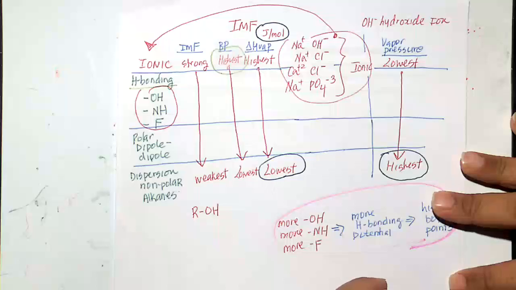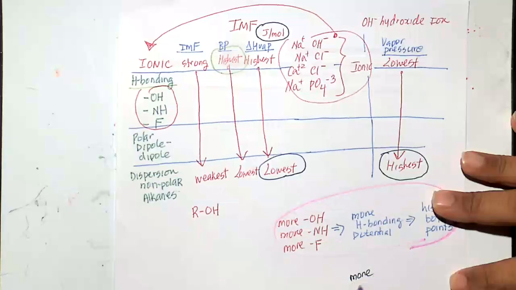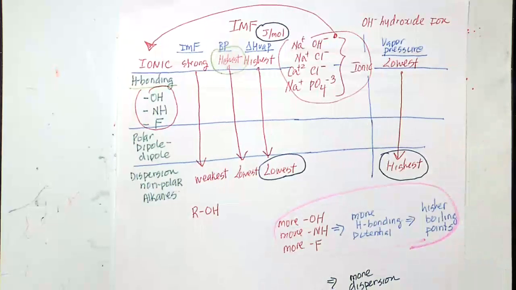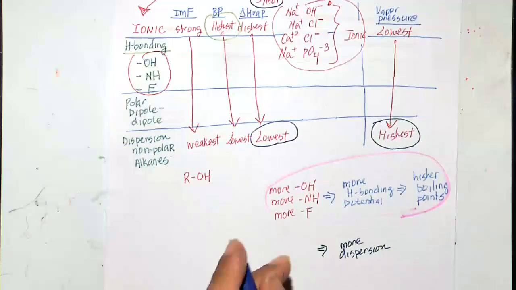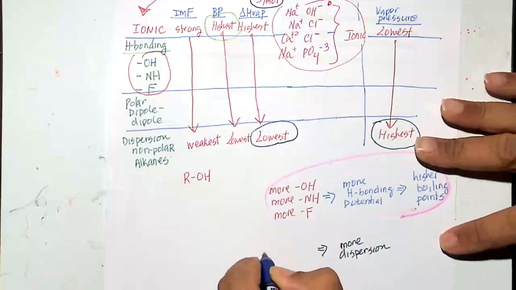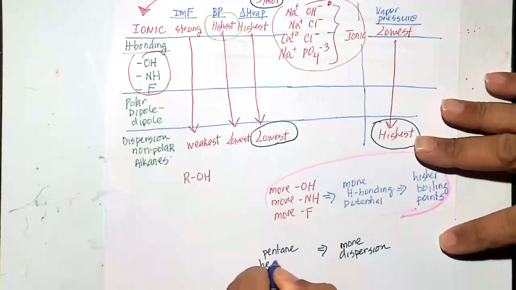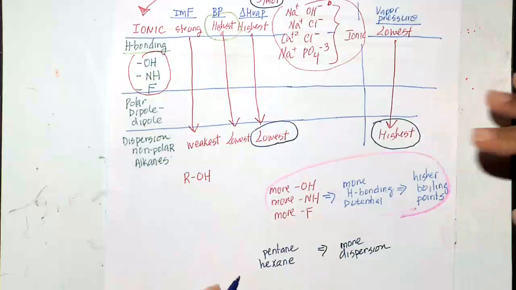Okay, how about more dispersion? What are we looking for here? In our lab, which do you think had more dispersion, pentane or hexane?